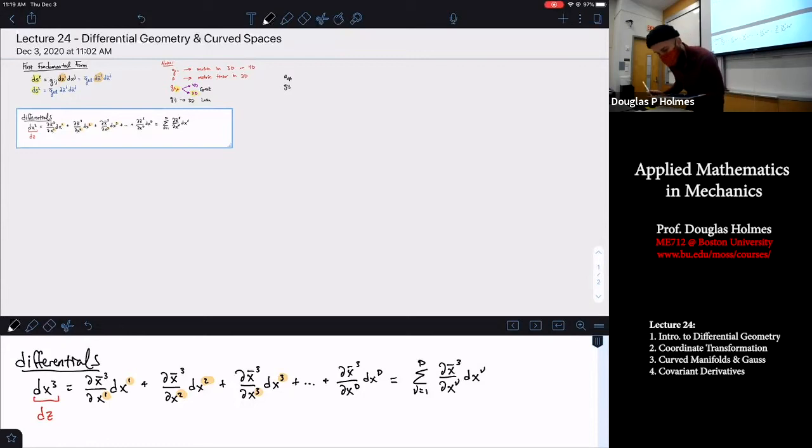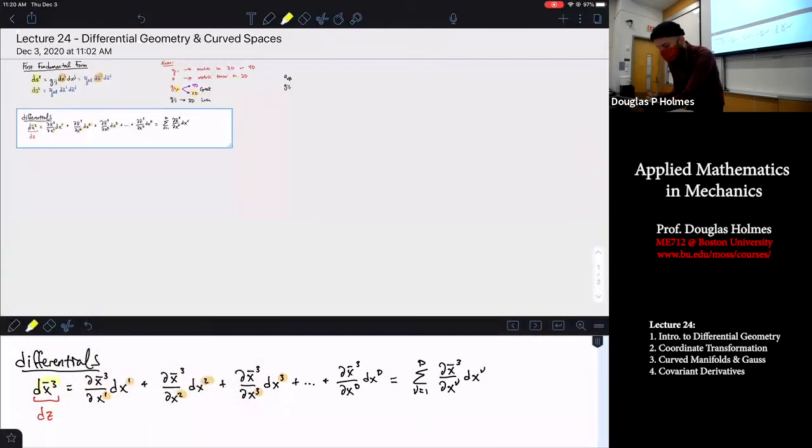And I think I'm missing a bar on all of these. So let me check that really quickly. No, we're good. This is the thing I'm looking at. You're probably confused. Hopefully you're less confused now. Okay.